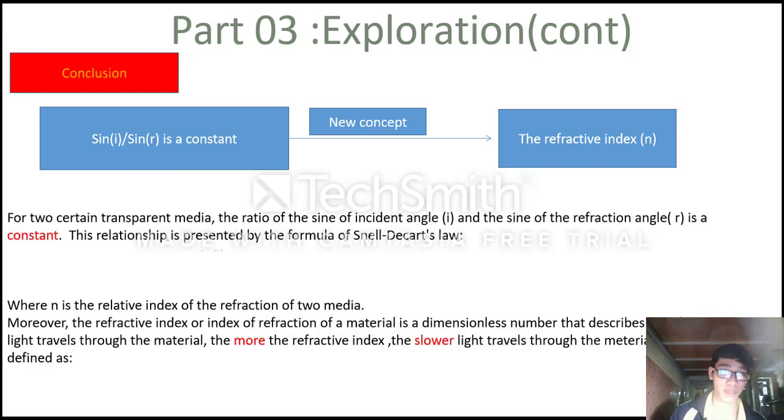Firstly, for a certain transparent medium, the ratio of the sine of the incident angle and the sine of the refracted angle is constant.